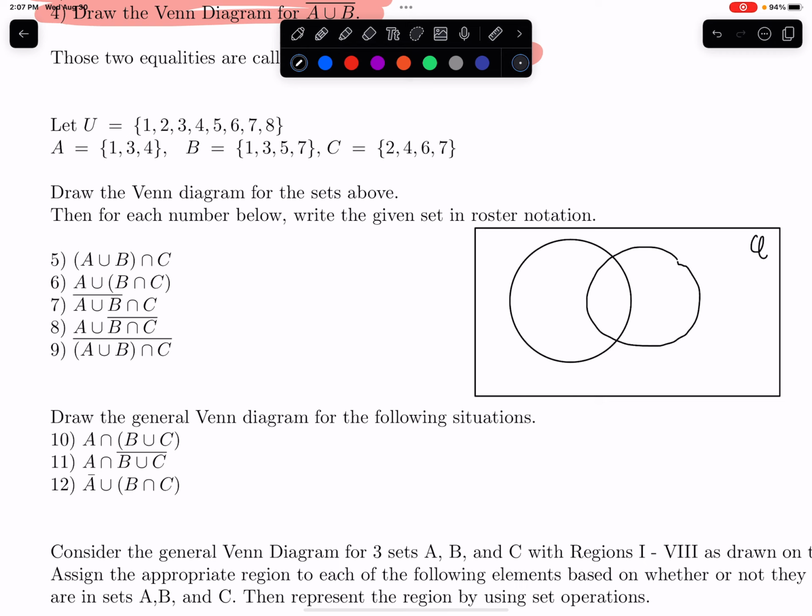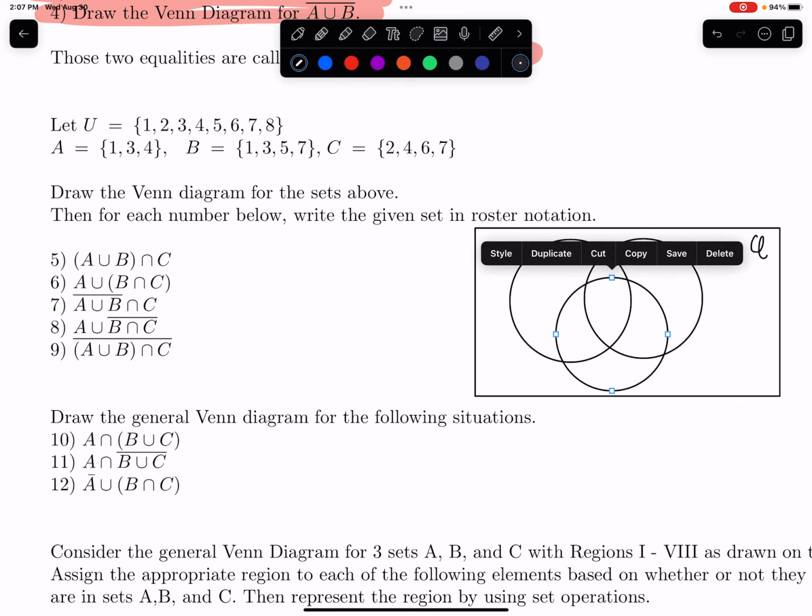But if I was you doing this, I would get a separate piece of paper. This is A, this is B, this is C. I know that looks a little strange because my circles are not exactly centered, but it's okay.